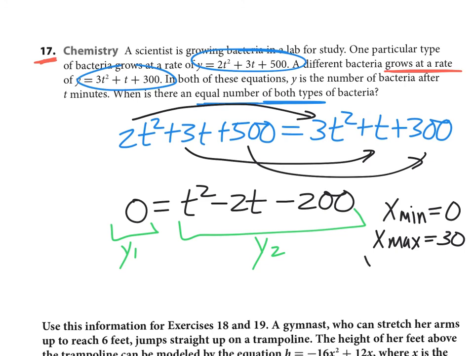So again, my y min, I'm going to set it 0. My y max, okay, actually, y min is 0 is fine because that's what you want it equal to. Okay, y max, you don't need to go more than 10. That's fine.